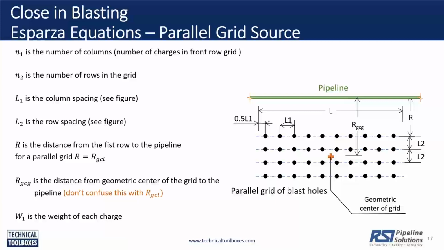You just have to pick the correct option, and the input parameters are as described here. And you can use the input parameters and run the analysis. So next slide, please.